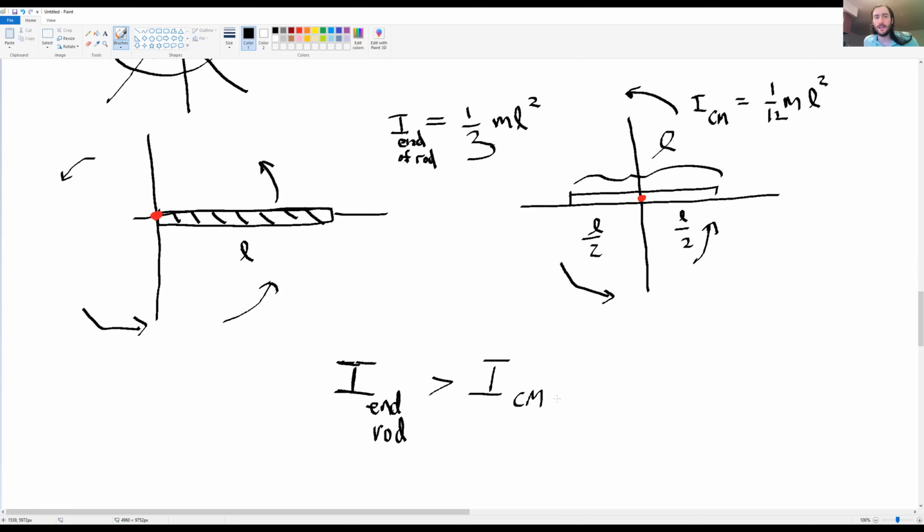That's a key takeaway: rotating about different points gives different moments of inertia, which makes it easier or harder to rotate those objects. It's going to be much easier to rotate this one about its center of mass.